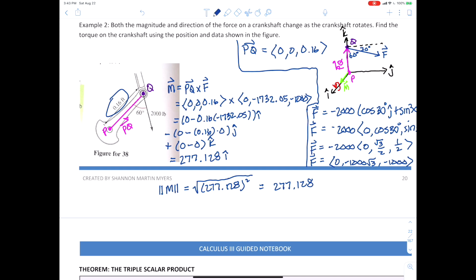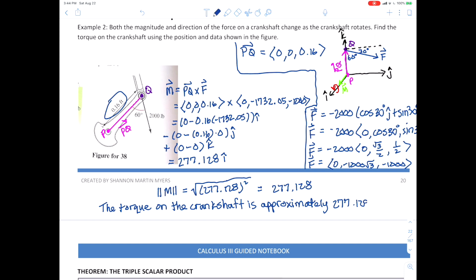It means that the torque on the crankshaft is approximately 277.128.